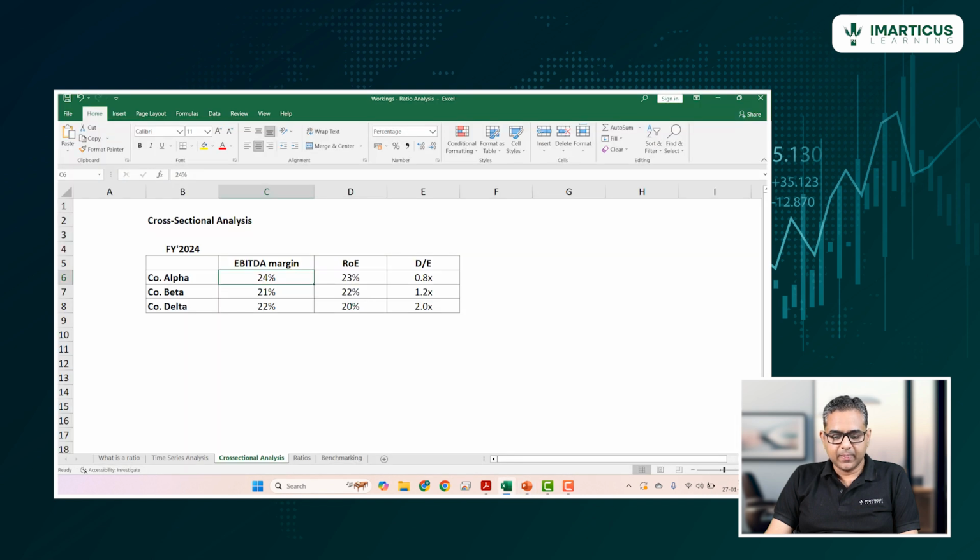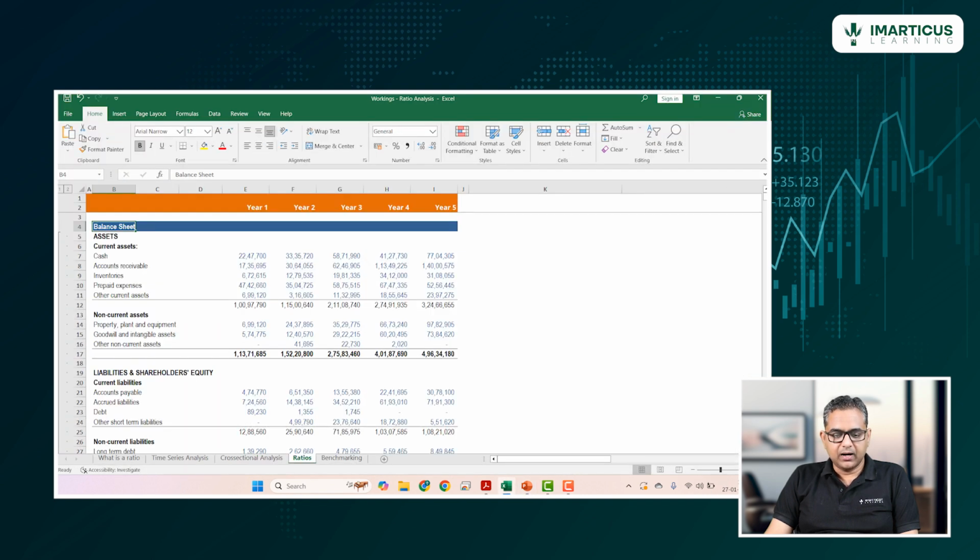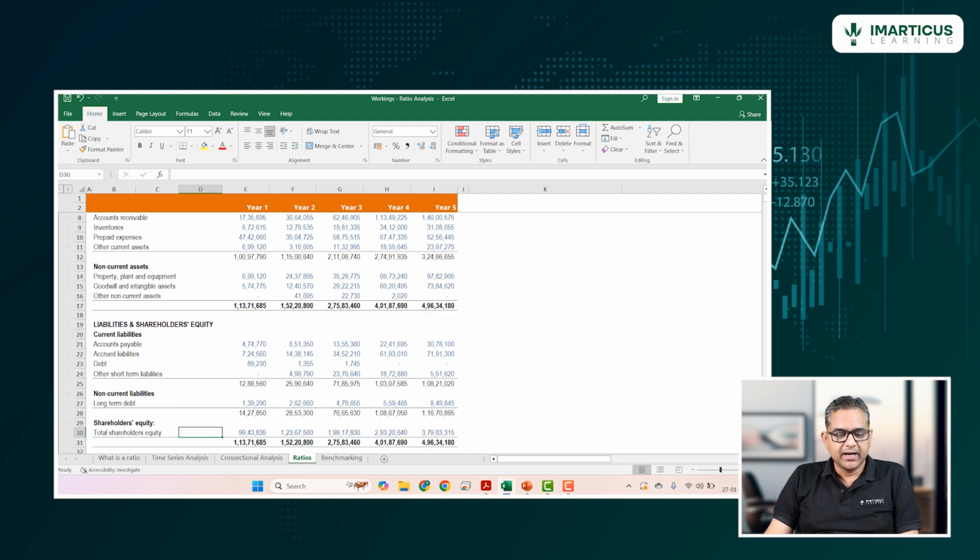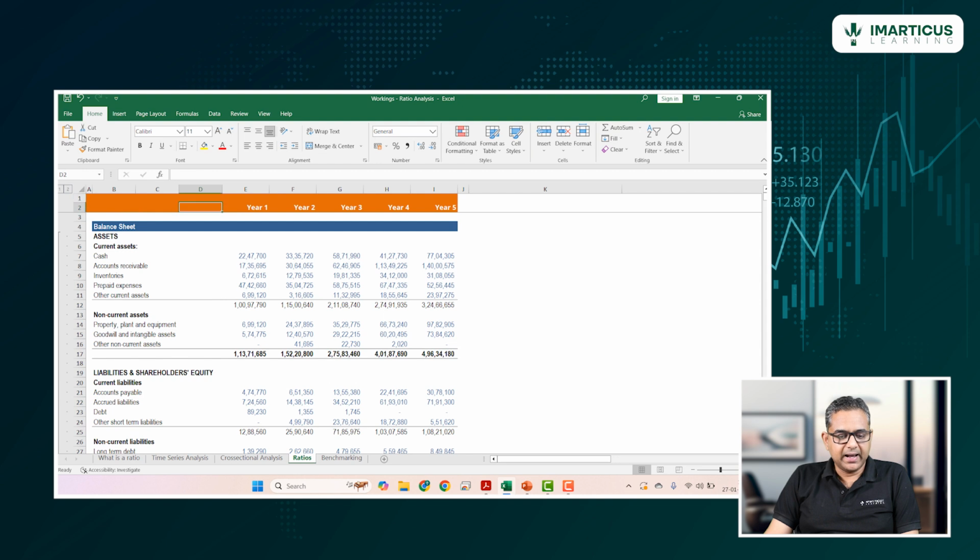Let's look at how we calculate it. We have data of a company for 5 years. Here we have the balance sheet data first. This we are doing to showcase how we calculate ratios. So briefly, I'll summarize what we have here.